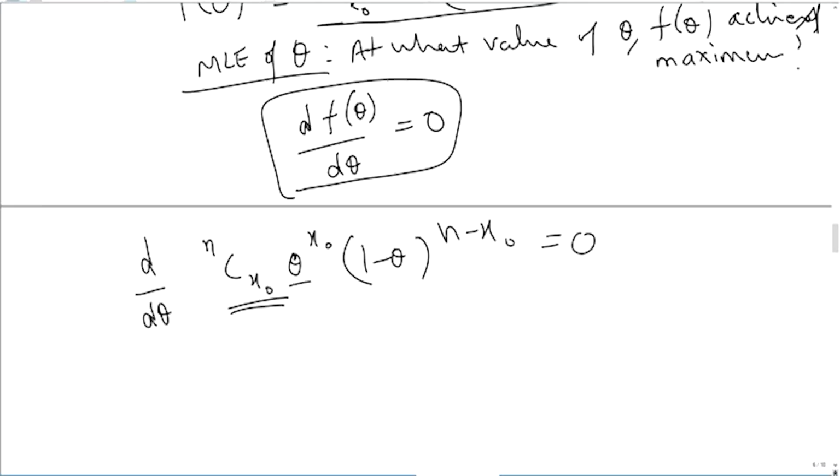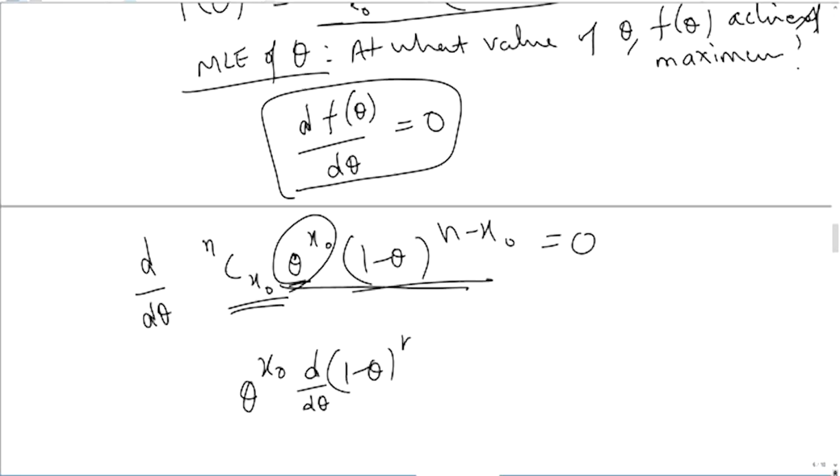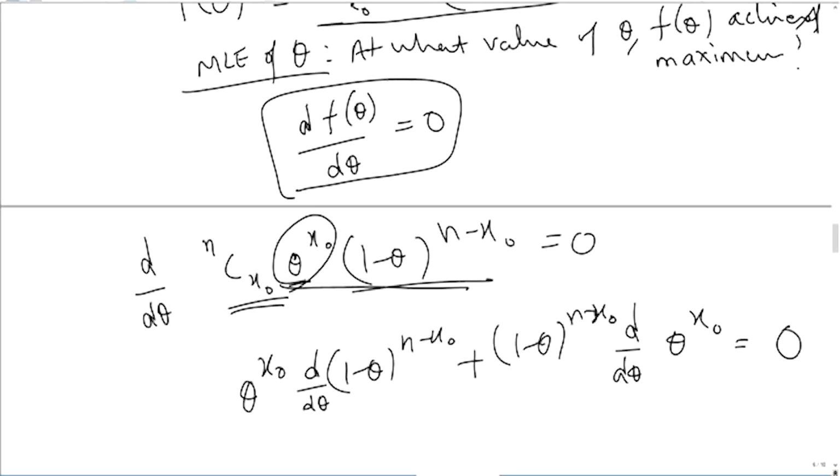These are two functions multiplied with each other, so you can apply the product rule: take out the first quantity outside the differentiation and differentiate just 1 minus theta to the power n minus x naught, plus take out this quantity outside the differentiation and differentiate theta to the power x naught, and this equals 0.